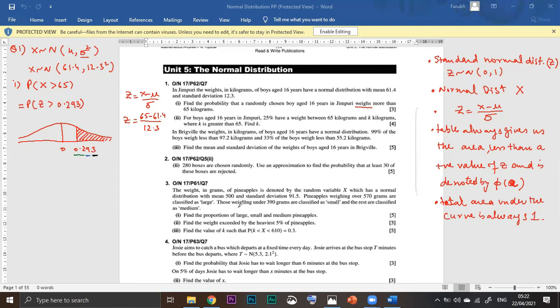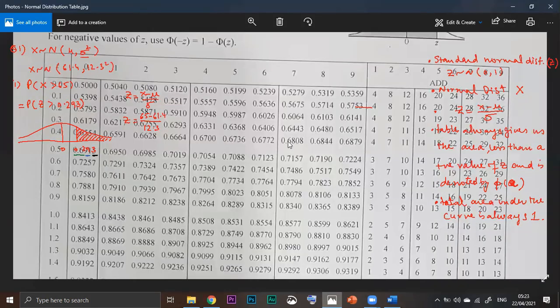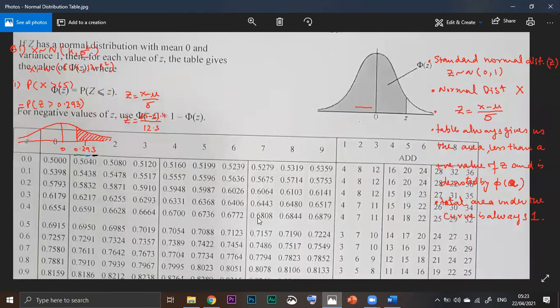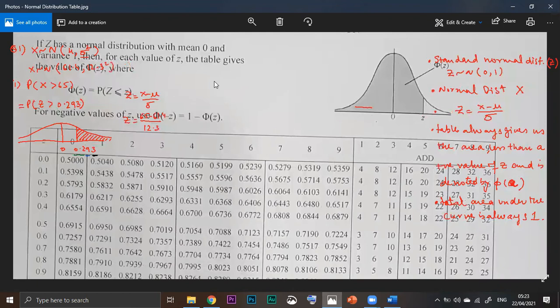Now we will use the table to find out the area less than 0.293. For the first portion, we will locate this 0.2 in the first column.